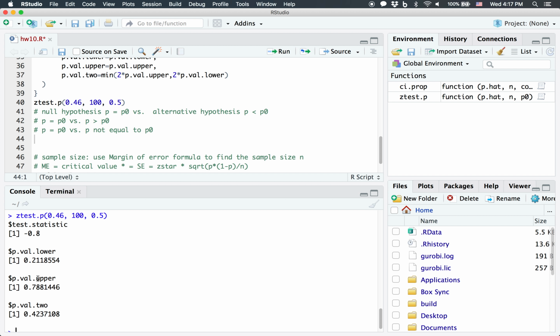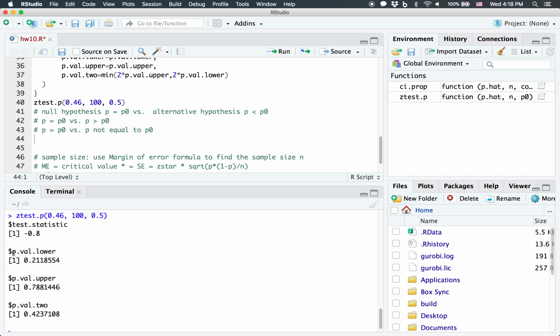You can see that p-value 2 is actually 2 times the p-value lower. So depending on how you set up the alternative hypothesis, the number you should take is different.